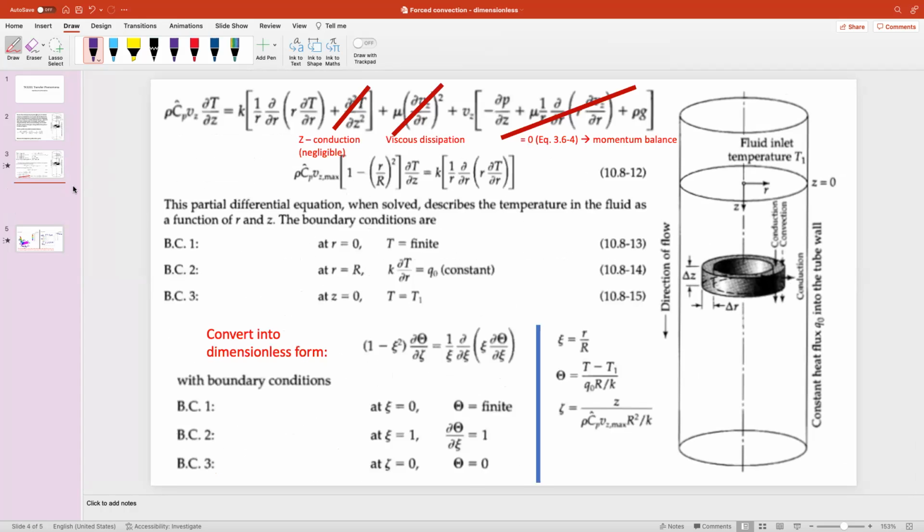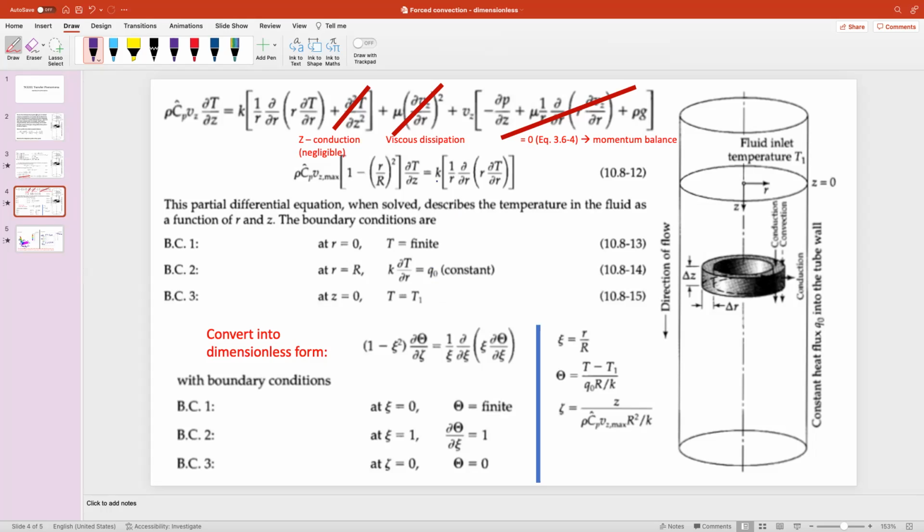And then one more thing: when we do the differential equation over here, sometimes it's easier for us to convert it into a dimensionless form. Like Pak Anggit explained a few weeks ago, the dimensionless form is a quantity we get when we divide our variable by some number.